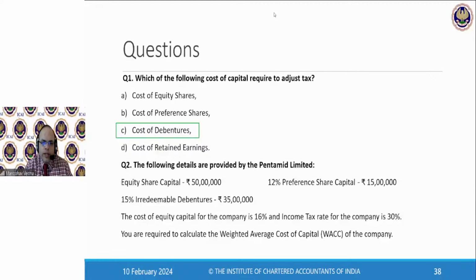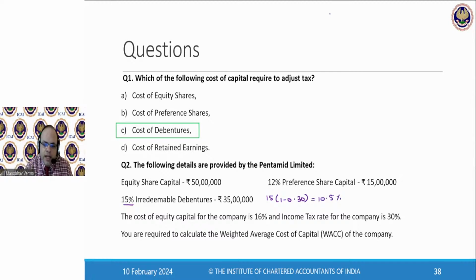I think the cost of equity is given to us as 16%. The harder part is given. What will be the cost of debentures here? We are talking about a 15% rate, but 15 minus 15 into 1 minus 0.3, so it should be 10.5%. 12% is the preference shares.